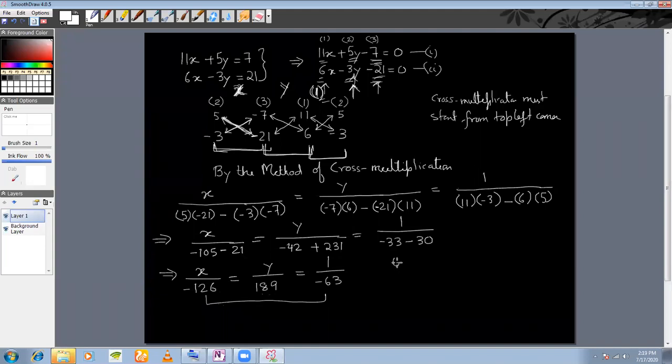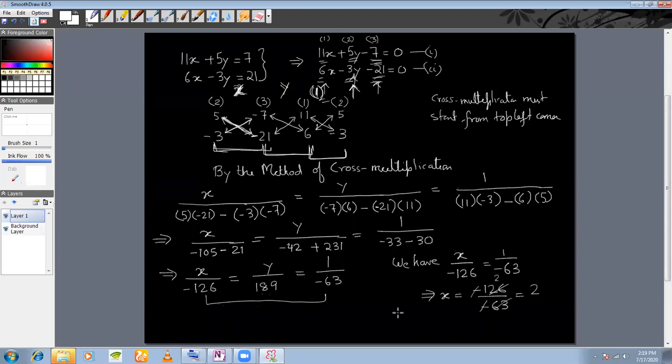So we have x by minus 126 is equal to 1 by minus 63. That means x is minus 126 divided by minus 63. So this will give you 2. So we'll cancel twice.